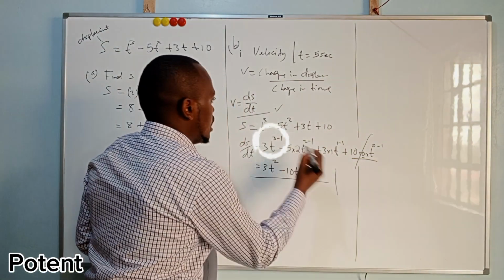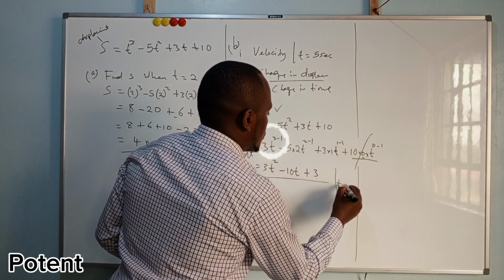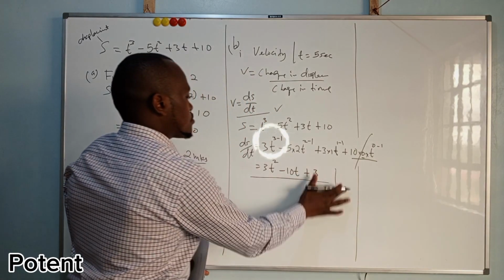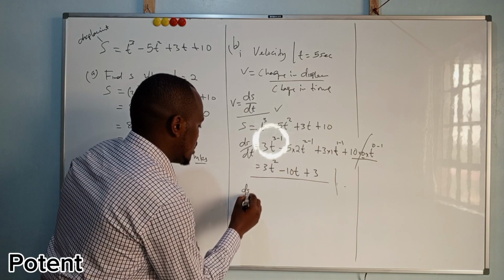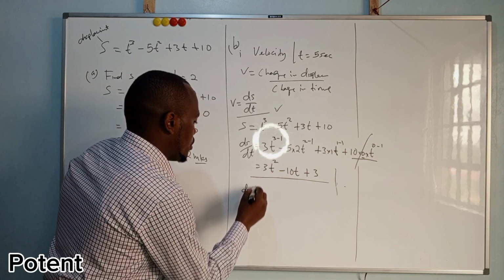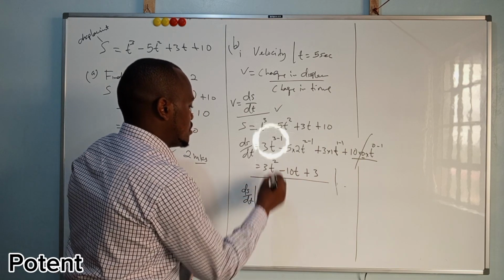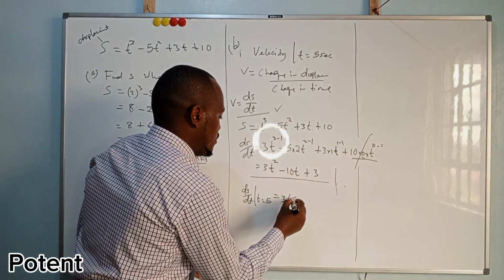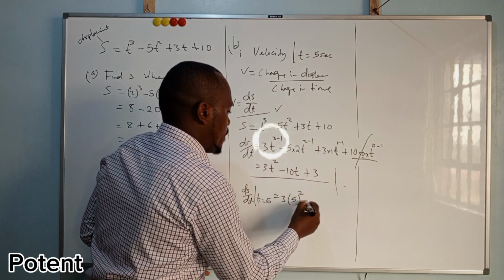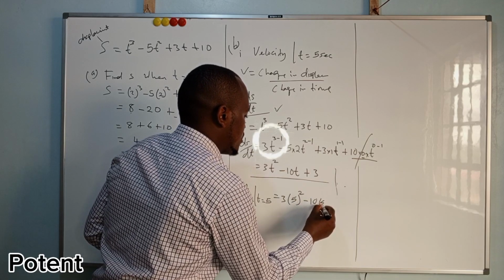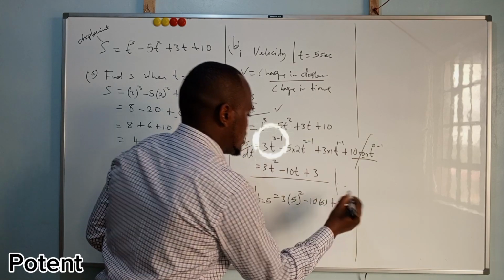Now, when t equals 5, ds over dt is 3 times 5 squared minus 10 times 5 plus 3.